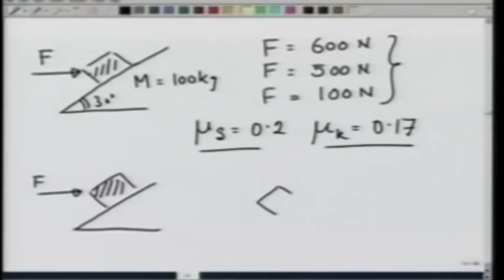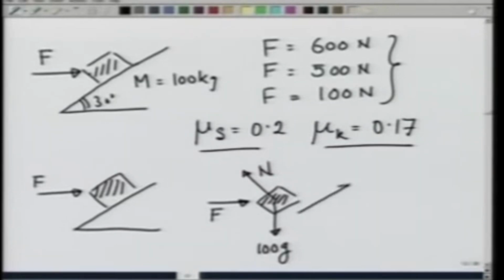Let us then proceed. If I make a free body diagram of the block, the force is acting this way. There is mg, 100 g acting down, and normal reaction N acting this way. Let me, in this case, take again the x axis in this direction and y axis in this direction.